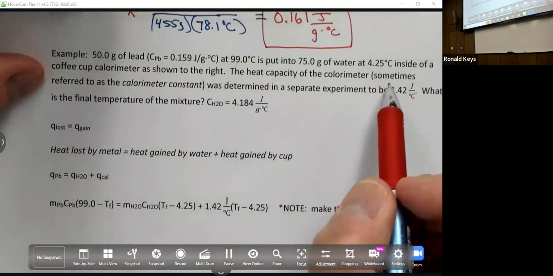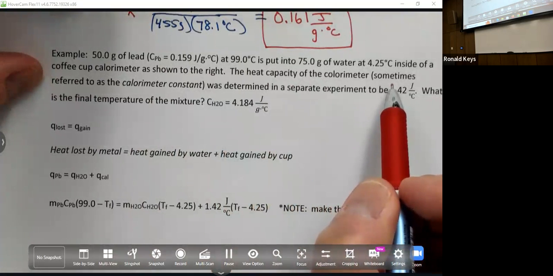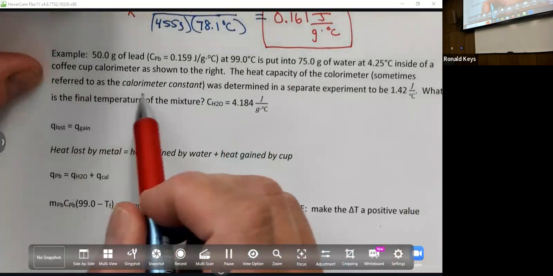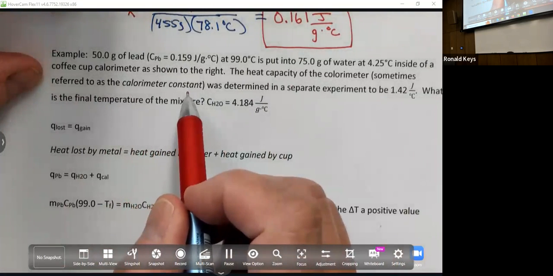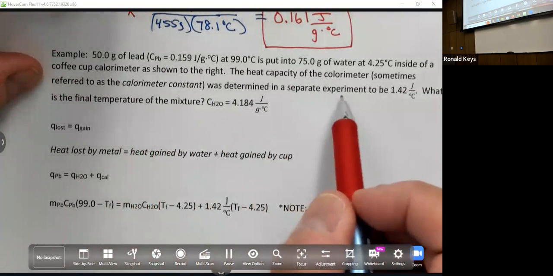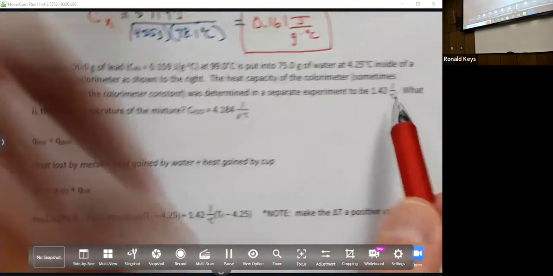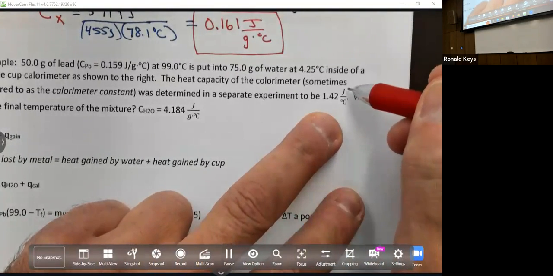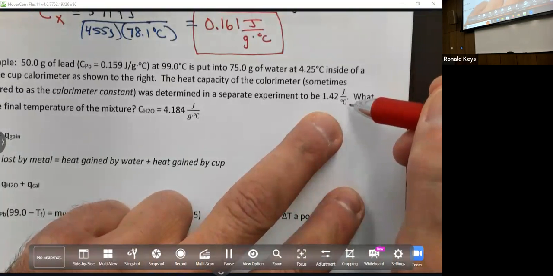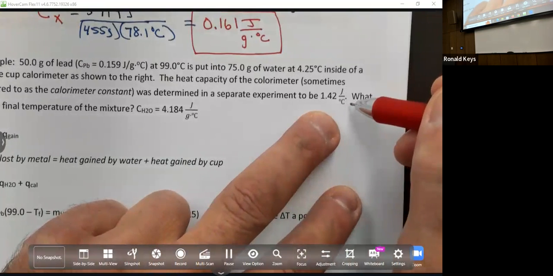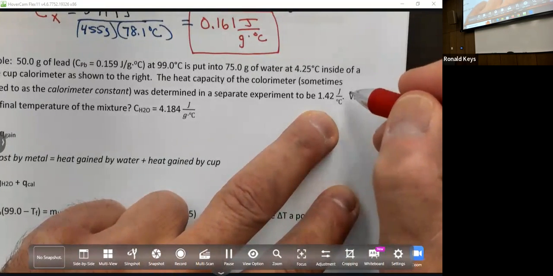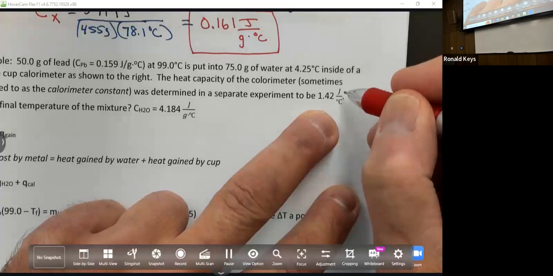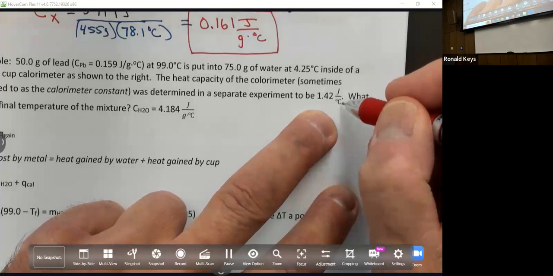The heat capacity of the calorimeter, which is what OWL uses for language, sometimes referred to as the calorimeter constant, was determined in a separate experiment to be 1.42 joules per degree Celsius. Notice you do not see mass on this. It's not joules per gram degree Celsius.